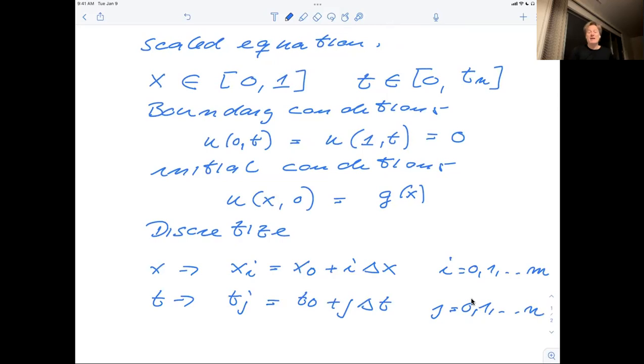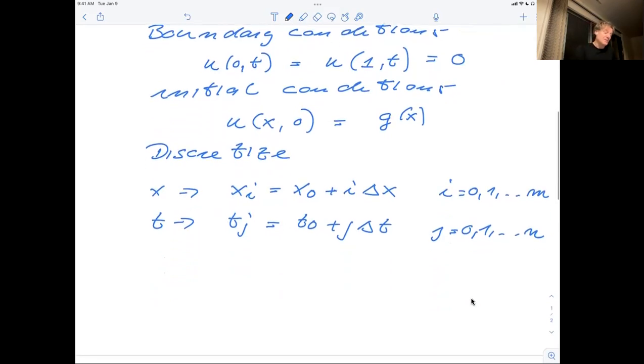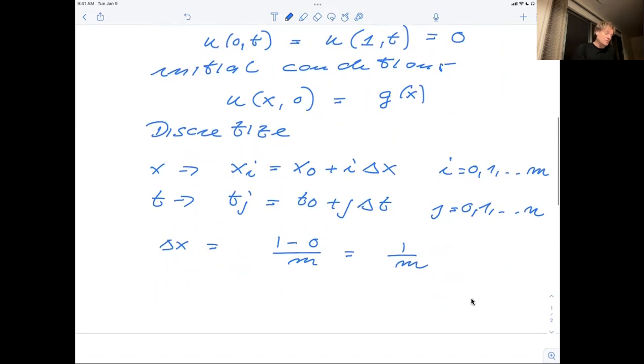So the values of these variables, in our case, since the boundary points are given by 0 and 1, means that this delta x would typically be given by 1 minus 0 divided by m. So in our case, this is just going to be 1 divided by m. And then we could also define a delta t, which will be given by t final minus t0, which is in our case just chosen to be 0.